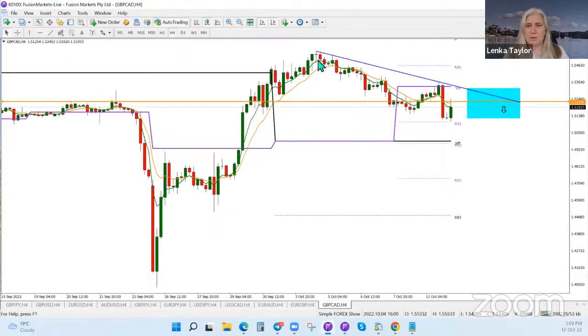On the 4-hourly, we've had a little try there, came back above, and then below now. If we have any price action, especially if it goes sideways for a bit, or even just a little further up to the trend line or to the weekly pivot, and then looking for a reversal and then to go short. So GBP/CAD for short this week.